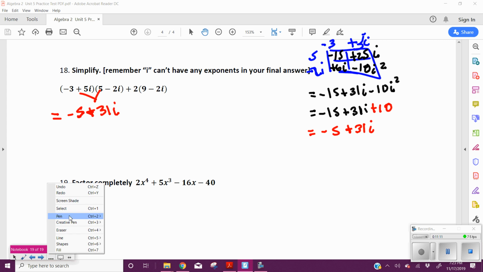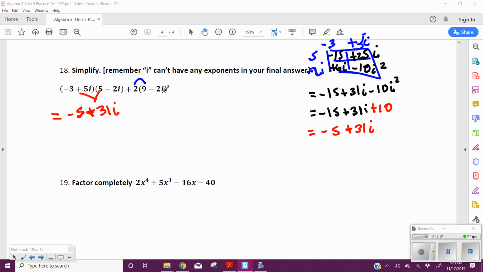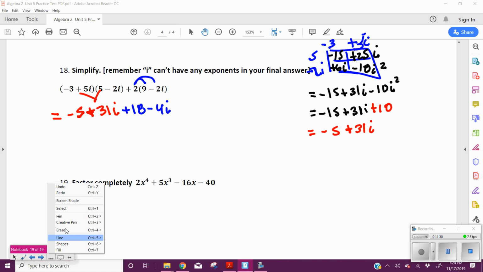Now the next set of parentheses has a 2 in front that I'm going to distribute. So 2 times 9 is 18. So that's a positive 18. 2 times negative 2i is a minus 4i. And now combine my like terms.